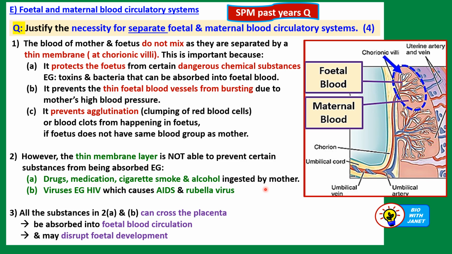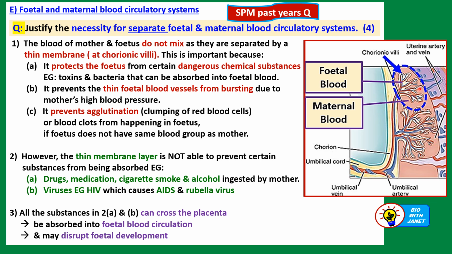Now, number 2, however, the thin membrane layer, represented by the red outline here, is not able to prevent certain substances from being absorbed, for example, drugs, medication, cigarette smoke, and alcohol that is ingested by the mother, and viruses such as HIV virus, which causes AIDS, and rubella virus.